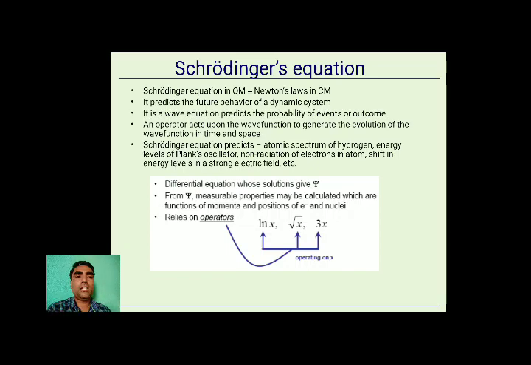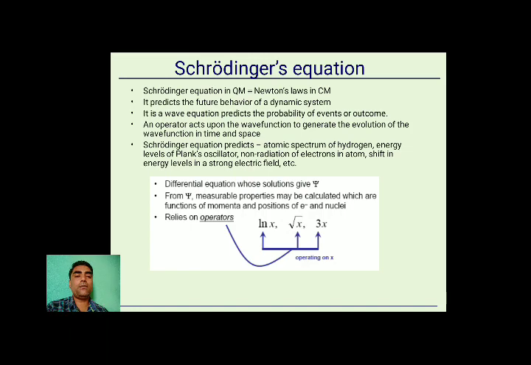Now, in continuation with the introductory lecture of wave equation, in this second lecture, we are going to study the actual formulation of Schrodinger's wave equation. In the introductory part, we have already discussed what Schrodinger's wave equation is.